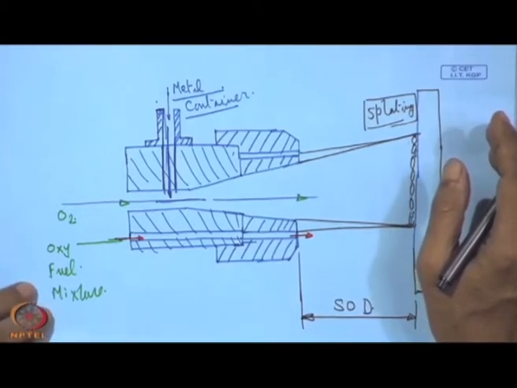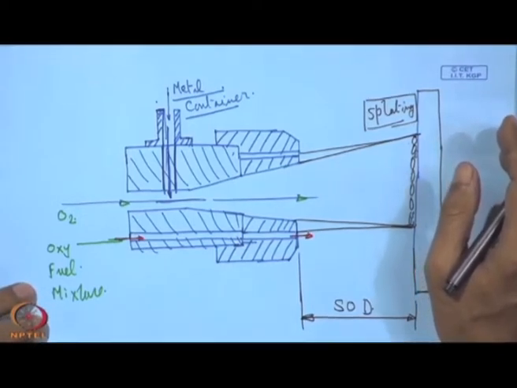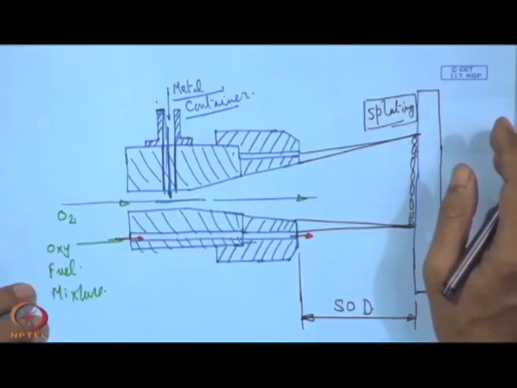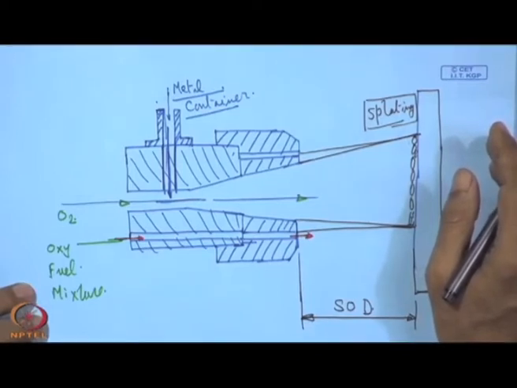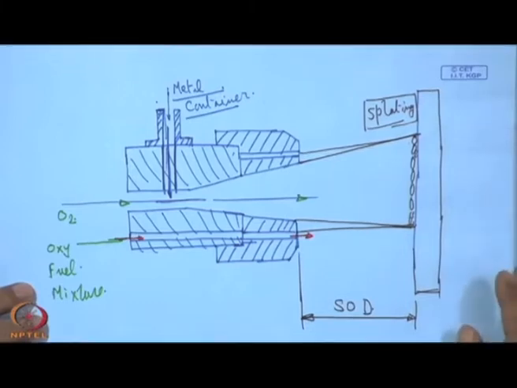The material of spraying, as we have said, is mostly nickel or nickel chromium, which are very popular and commonly used. The whole idea here is to augment the properties of the material, say corrosion resistance and wear resistance, and this is going to be a substitute for the electroplating process.